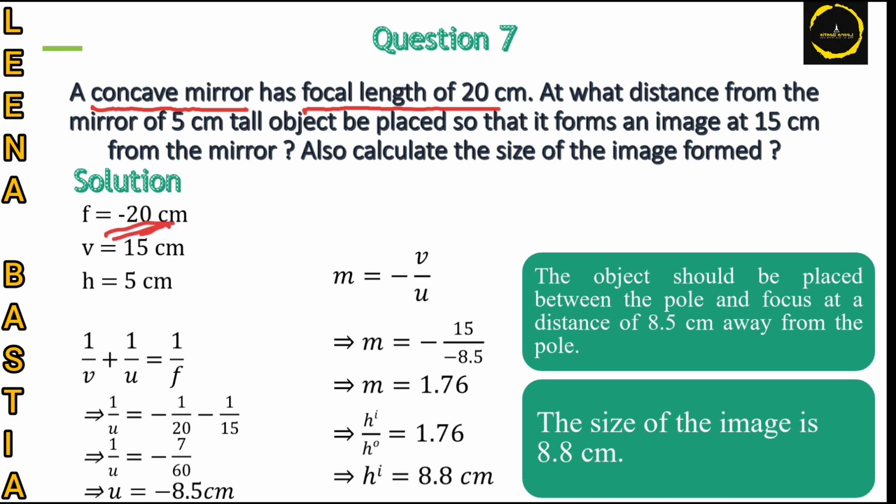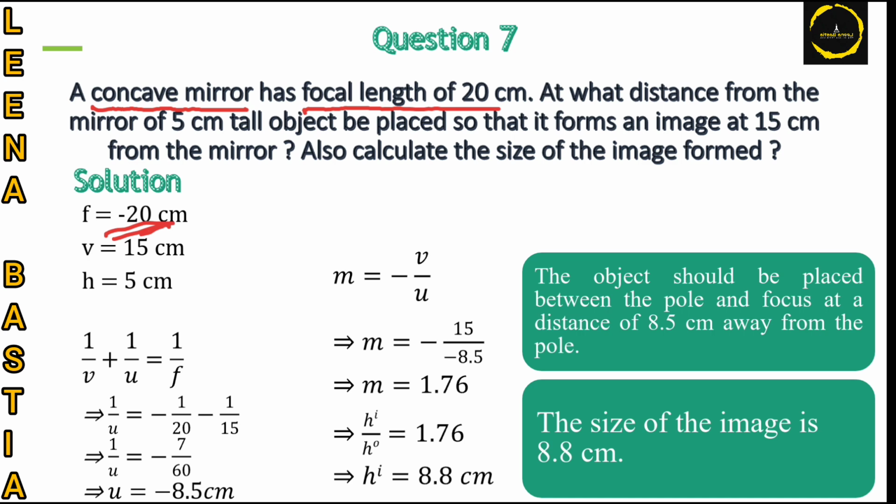Now it is asking at what distance from the mirror the 5 centimeter tall object should be placed so that it forms an image of 15 centimeter. At what distance from the mirror? The object distance we have to calculate.